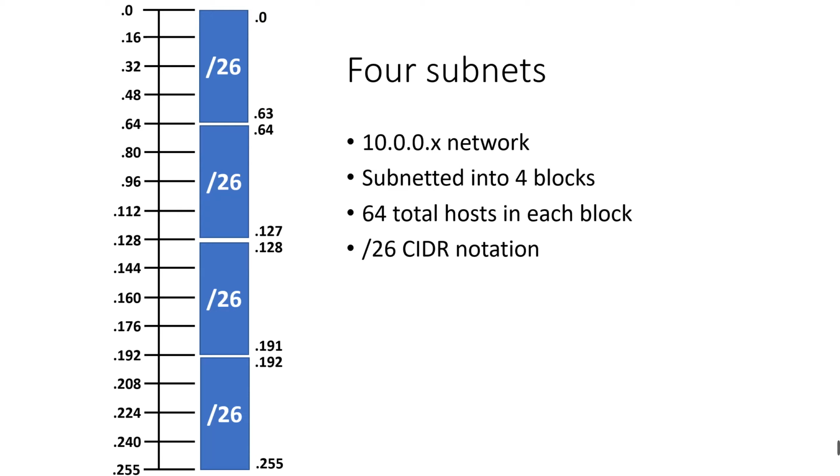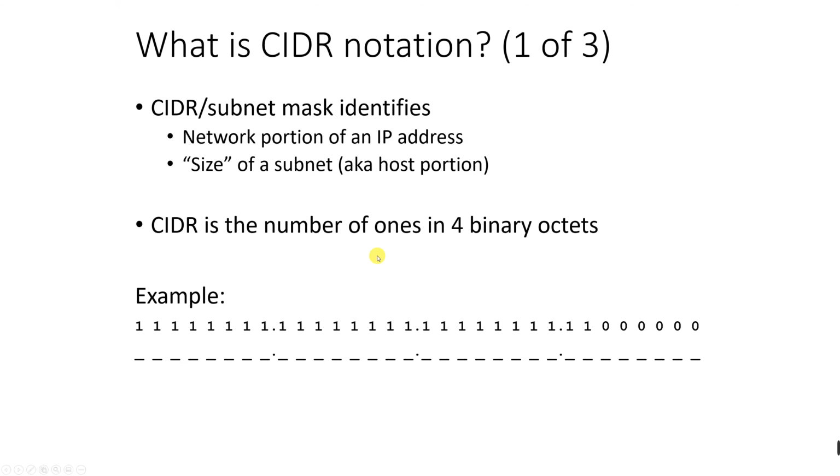The second subnet goes from .64 to .127. The third subnet goes from .128 to .191. And the fourth subnet, the IP addresses range from .192 to .255 for a total of 64 hosts in each block with a /26 CIDR.